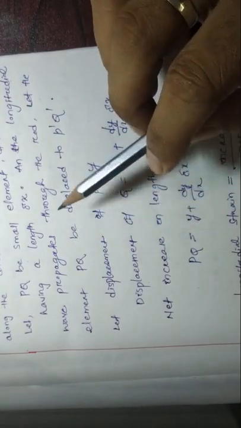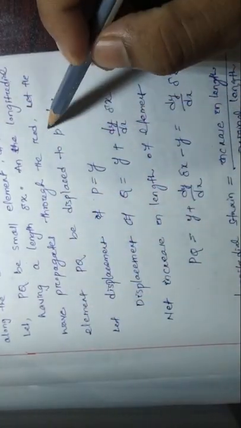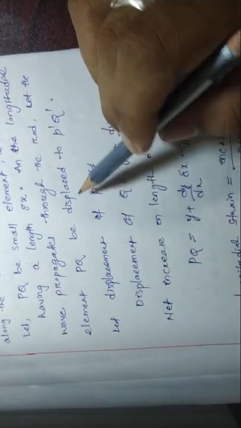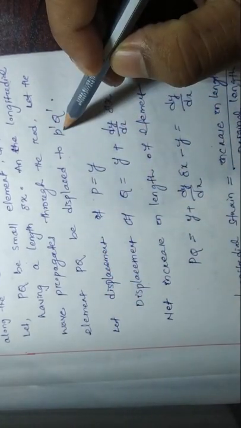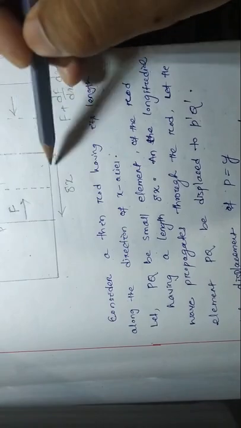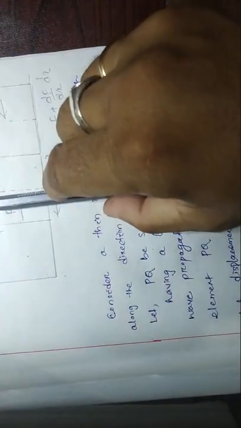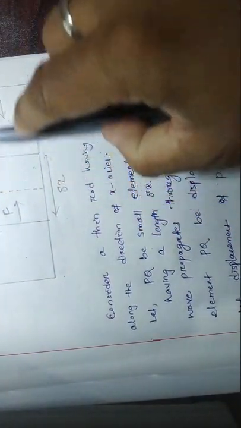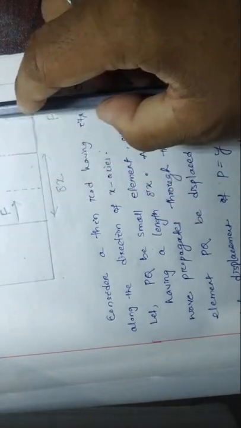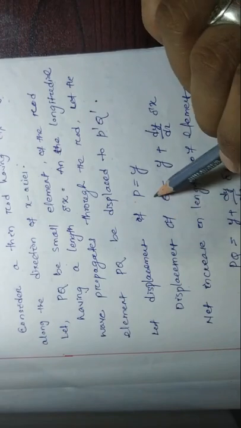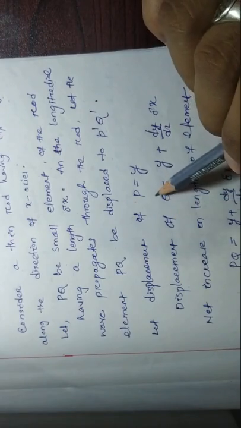So now let a longitudinal wave, suppose a sound wave, propagate through that rod. Let the element PQ be displaced to P dash Q dash. The element we initially considered, PQ, is displaced to a new position P dash and Q dash.